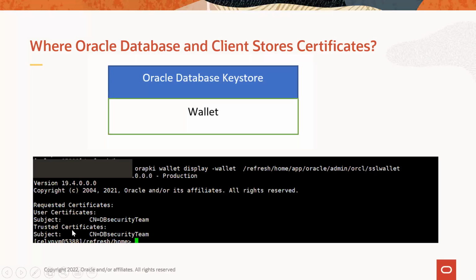This is the place where the client validates, saying, I have your certificate in my wallet. Which wallet, which location? That is the trusted certificate location. So it says, I have the same certificate that you're presenting, and my public key is matching, so we are good to connect. So what I want to tell you is that at the Oracle database level, the key store which holds the certificate is nothing but the wallet.